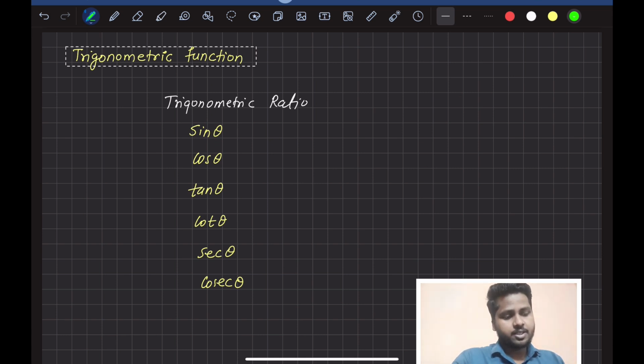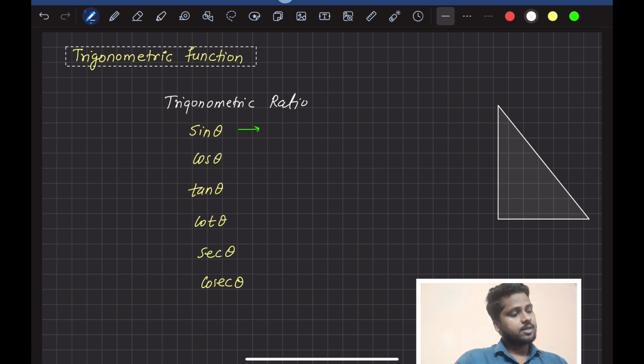So sin theta is, if I take a triangle which is a right angle triangle, and let us keep this angle as theta, and this angle will be 90 degree.